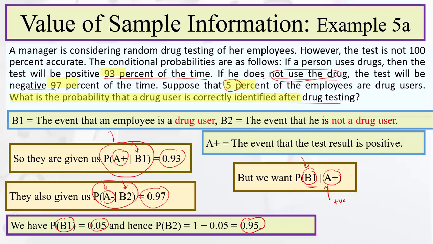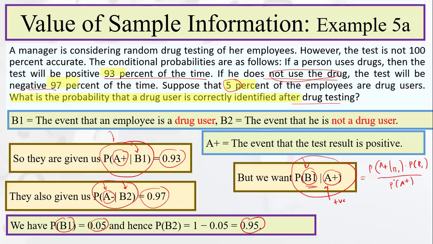If you want to find out that, it's very simple. You write down the Bayes theorem: probability of A plus given B1 multiplied by probability of B1, divided by probability of A plus.